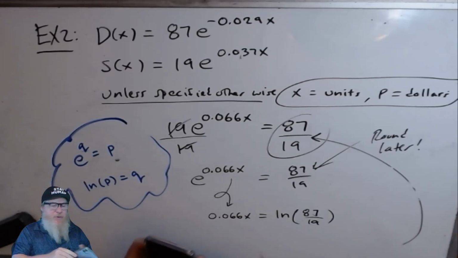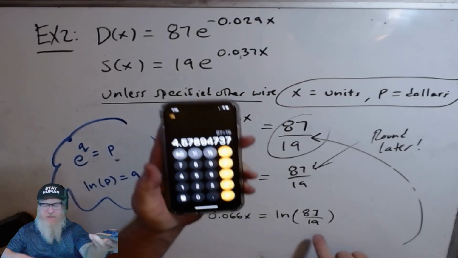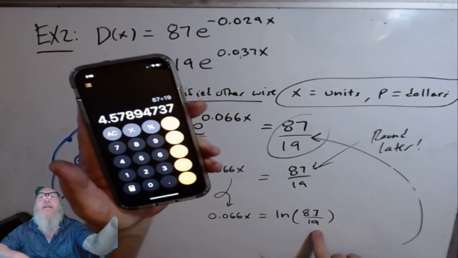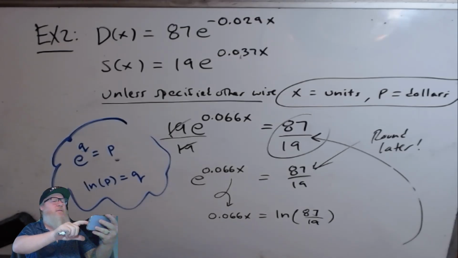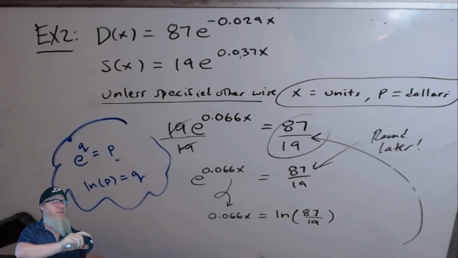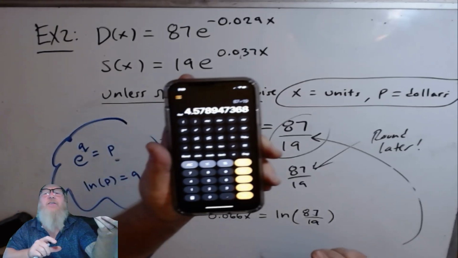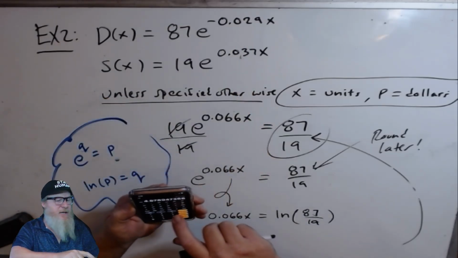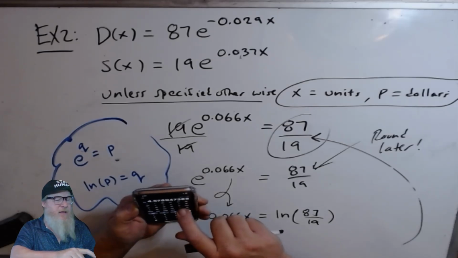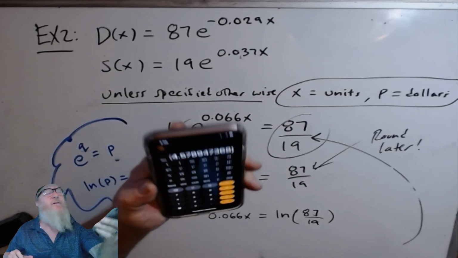All right, now I'm ready to put it into my calculator. So I've got 87 divided by 19, which I already did. And then I'm going to do the ln. Oh, they changed my calculator layout. I did an update today and it changed it on me. Let's see, ln. So there's the natural log.